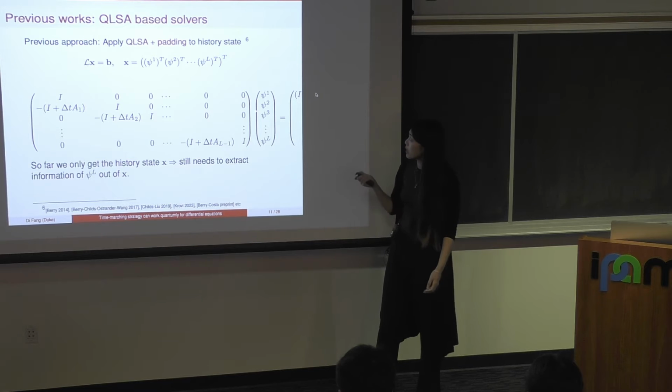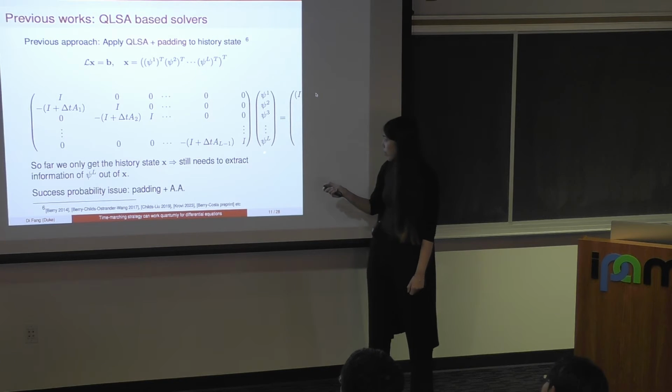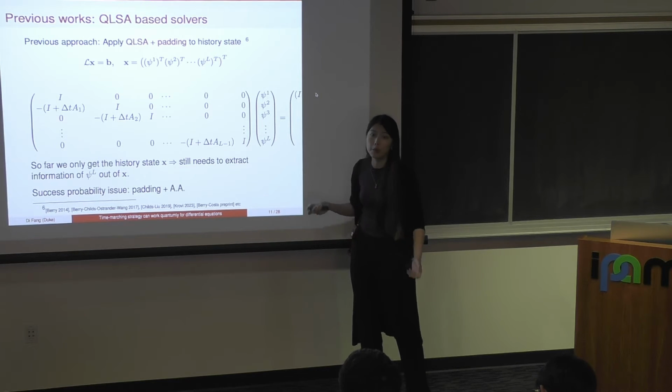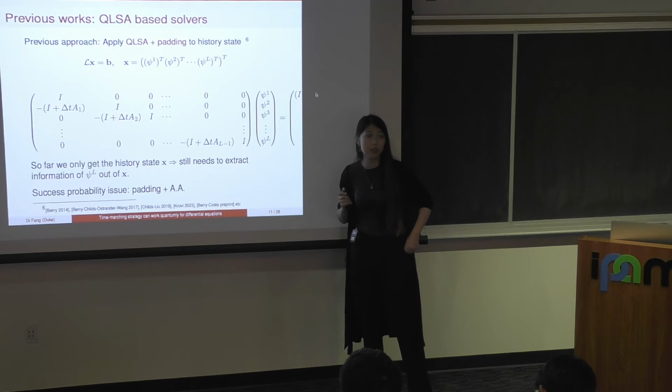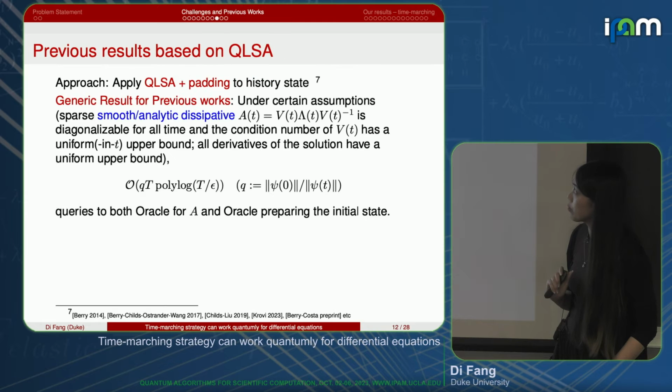For general differential equations, since L2 norms are not preserved, you will sacrifice something, so people have invented this technique, so-called padding, which means I want to put more of the final time step here, make it longer, and then I can make the success probability nicer, together with amplitude amplification. So this is the generic idea of previous results.